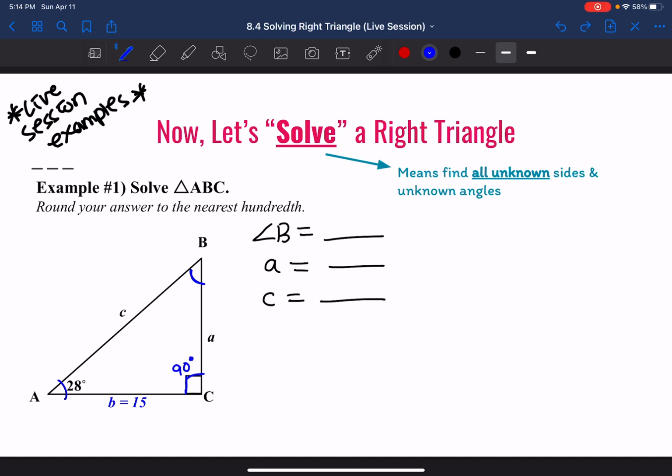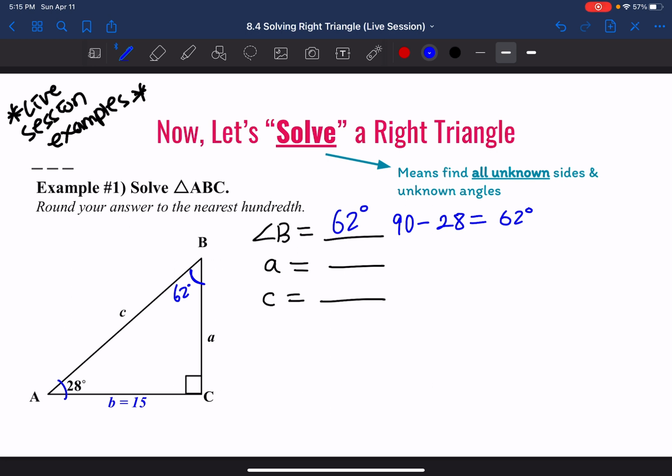Or 90 is already half of 180, so you can forget about 180 and just do 90 minus 28. So it's going to be 62 degrees. Okay, I subtract 28 from 90. So this is 62 degrees. So I already found one of them.